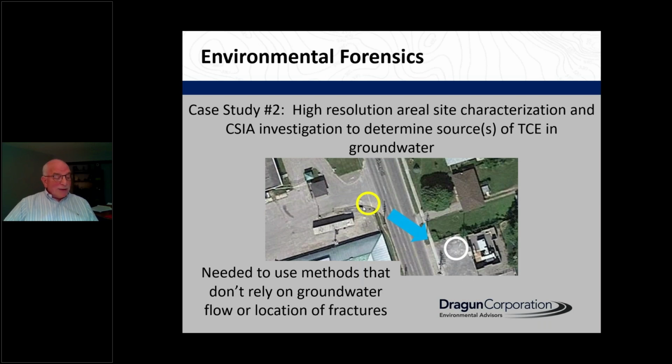No matter how many wells were put in on this property and the road and on this property, the regulators insisted that there could be unknown pathways, that is fractures, that we could never know, that we would never intersect. Therefore, the property on the left was responsible for the hot spot on the right.